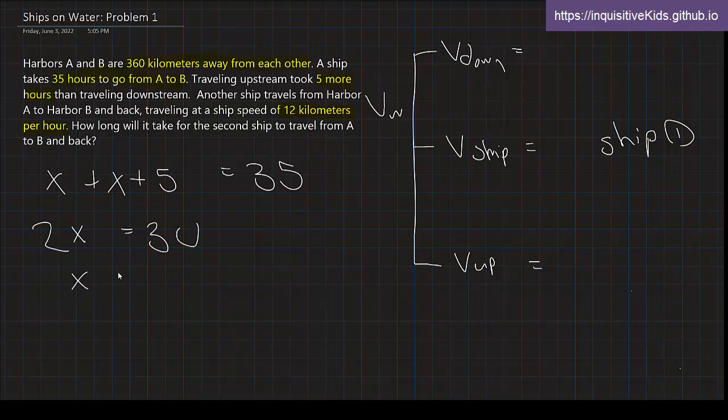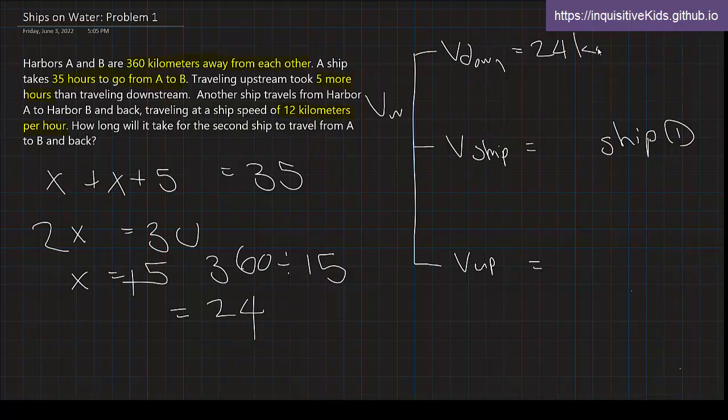So x is equal to 15, and x represents the amount of hours ship 1 took to go downstream, meaning that its downstream speed is going to be 360 divided by 15. All right, so 300 divided by 15 is 20, and 60 divided by 15 is 4, so 20 plus 4 is 24, meaning that the downstream speed of ship 1 was 24 kilometers per hour.